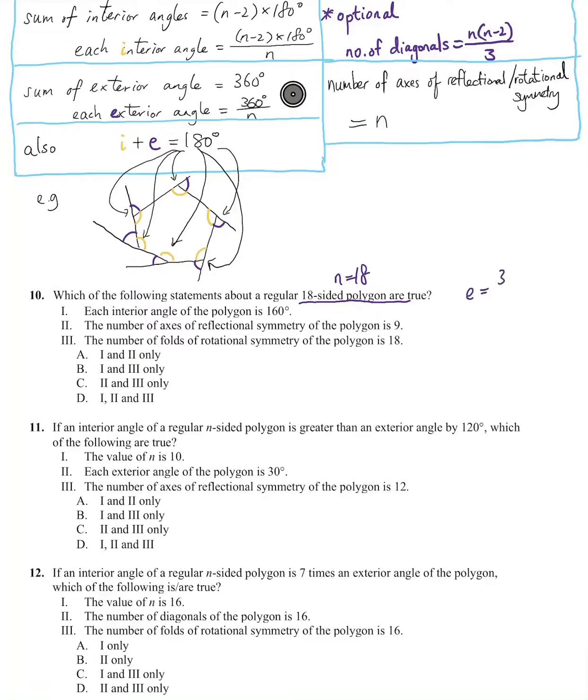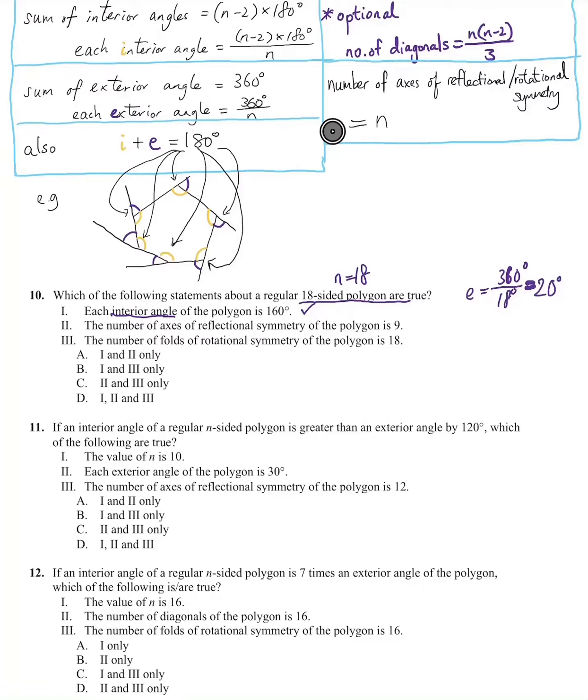We will do 360 divided by 18, which is 20. So each exterior angle is 20. If you move it over, 180 minus 20, so I is 160. Therefore, I is 160. So this is true.